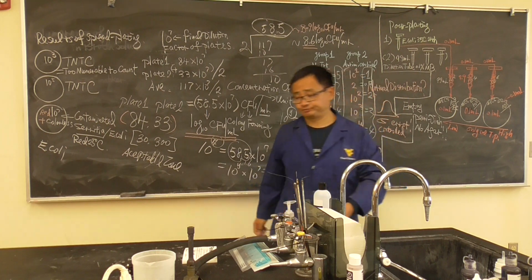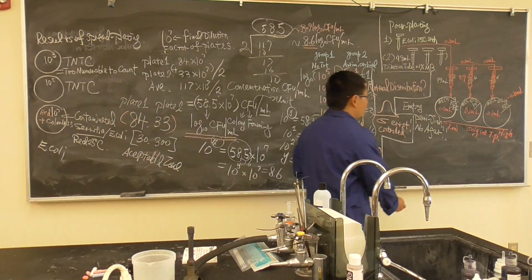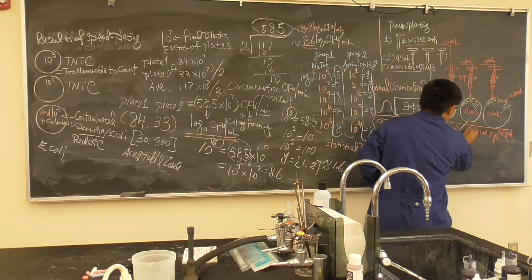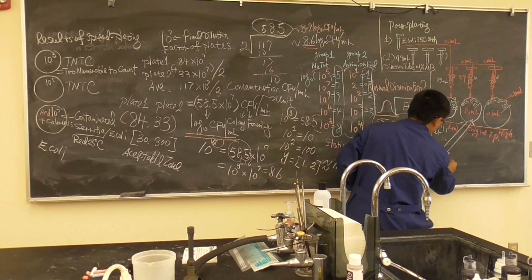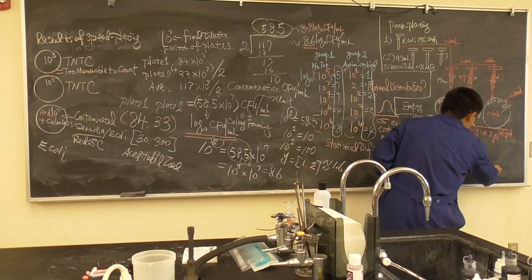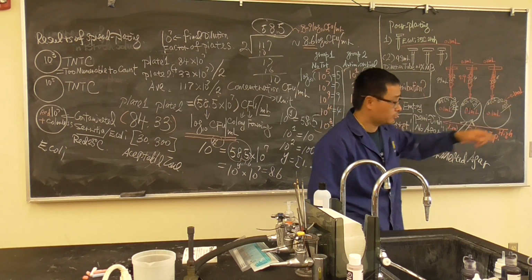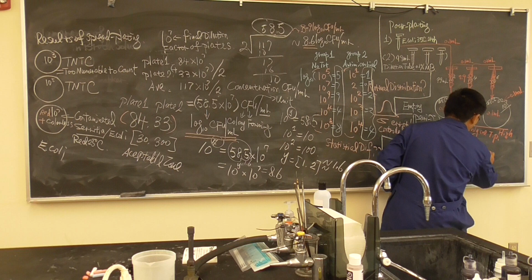Now what we're going to do? Since we call it pour plating, in every plate we're going to pour melted agar. Where is the melted agar? Right there in the water bath, at 55 degrees Celsius.